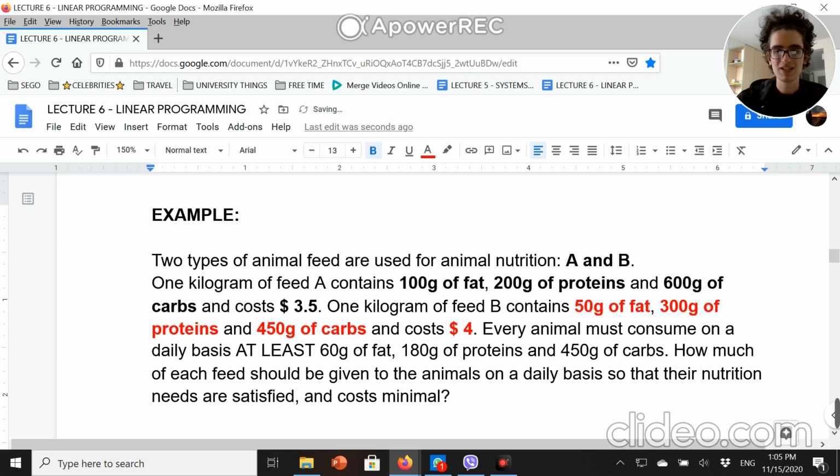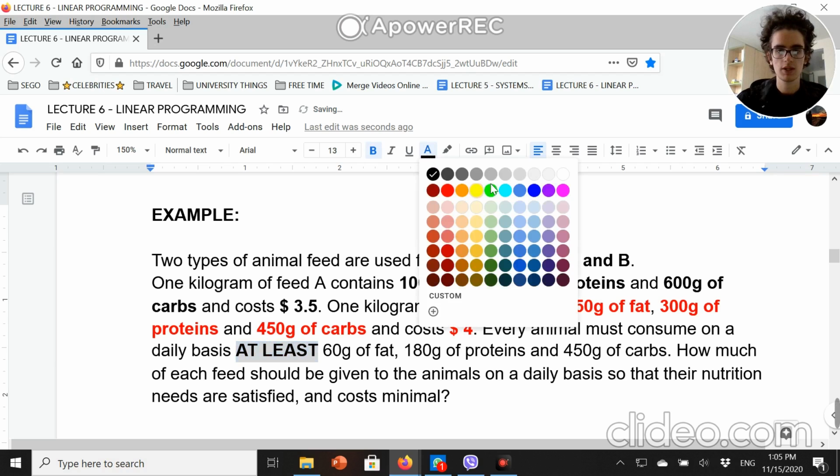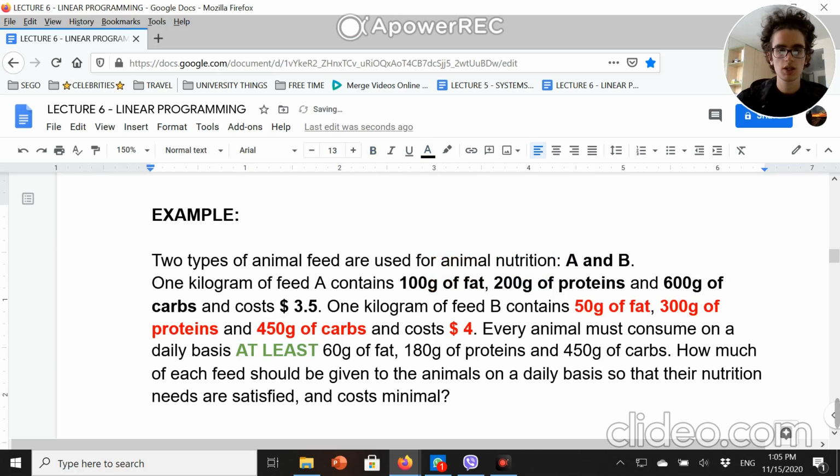Okay, every animal must consume on a daily basis at least, so that tells us the sign that we're going to have, right? At least, let's color it green, 60 grams of fat, 180 grams of proteins, and 450 grams of carbs.